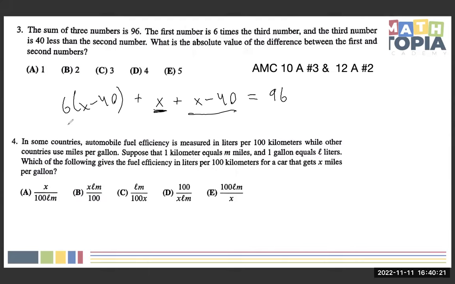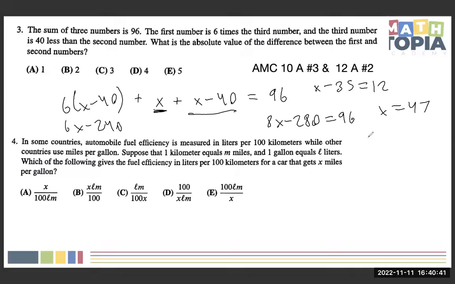So if we expand this, 6x minus 240, then we end up getting 8x minus 280 equals 96. So we can divide by 8 to get this. So x is equal to 47.